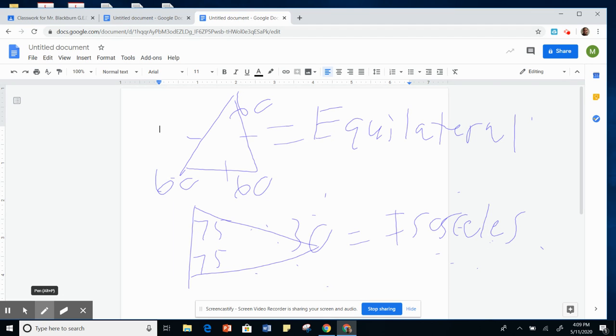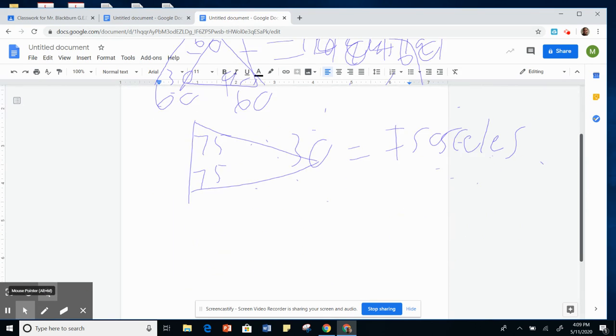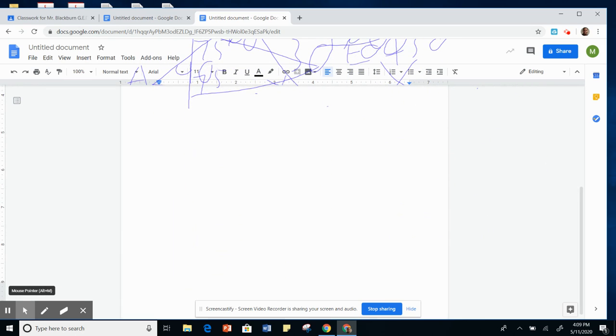And then the third type, and again, there's more classifications when it comes to triangles. You have an acute, where the angles measure less than 90. You have obtuse, which is an angle greater than 90 degrees. But for the sake of our examples, we just want to go over the main three: equilateral, isosceles, and here's a scalene. A scalene, and these little marks mean that sides are equal.